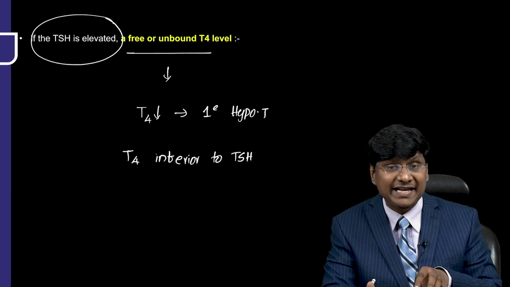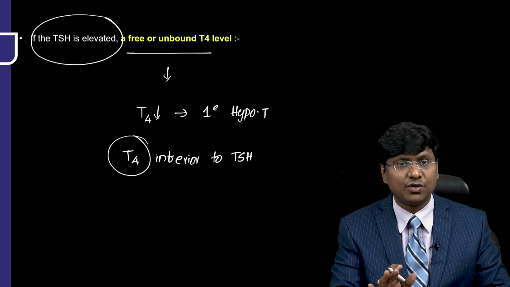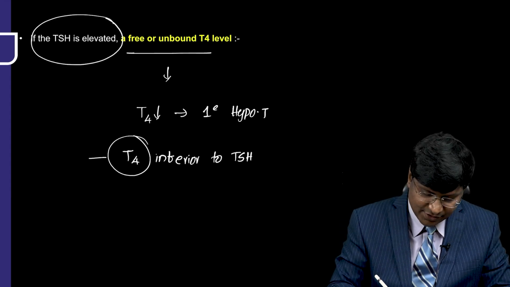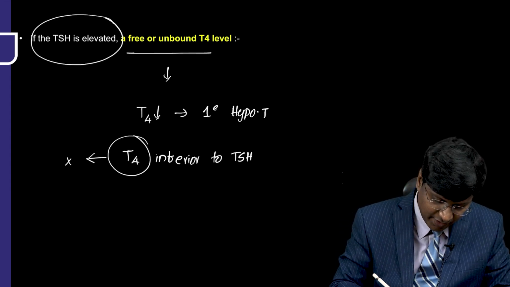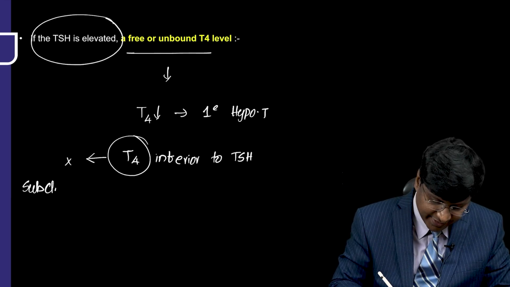And why is T4 inferior? Because the assessment of T4 will not detect the presence of subclinical hypothyroidism.